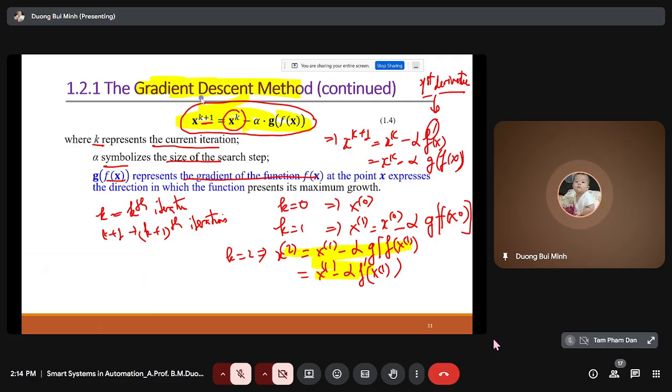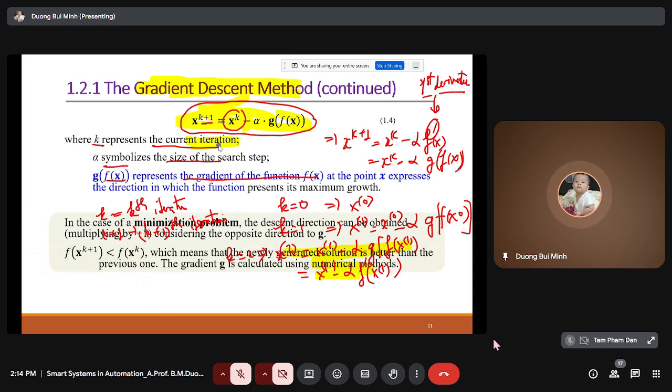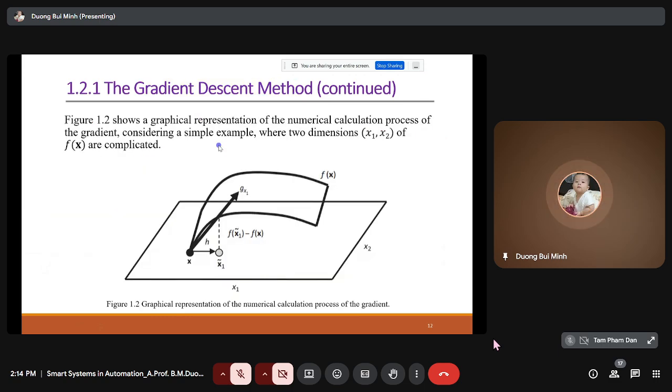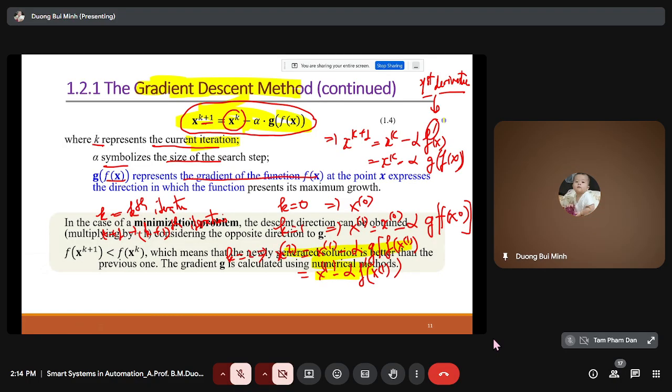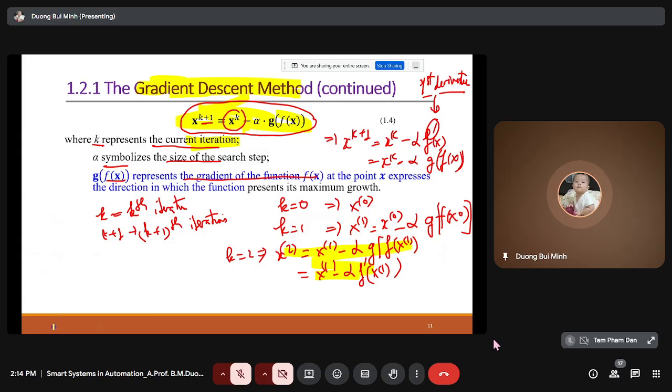You can get the minimum point after some iterations, but it is easy to get trapped, to get stuck.